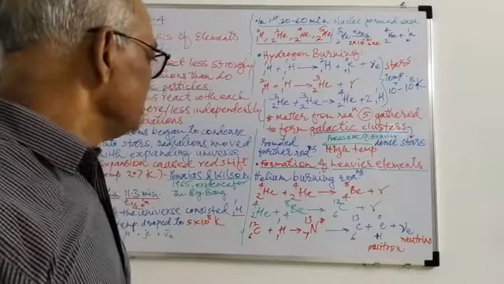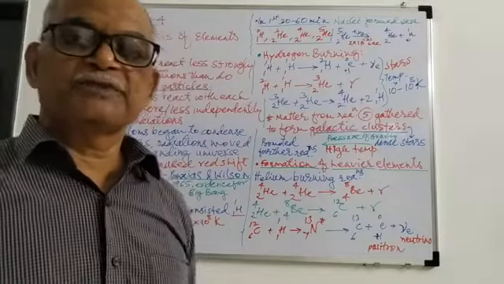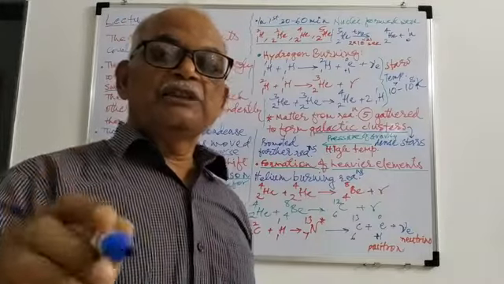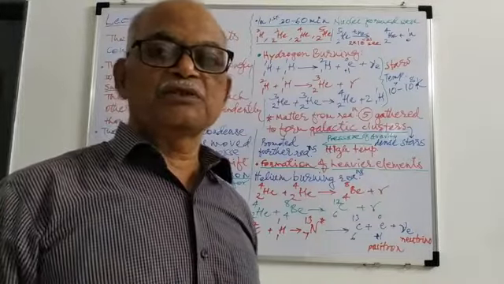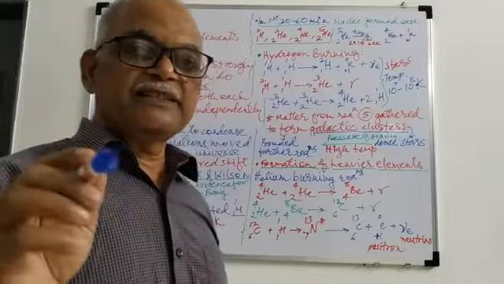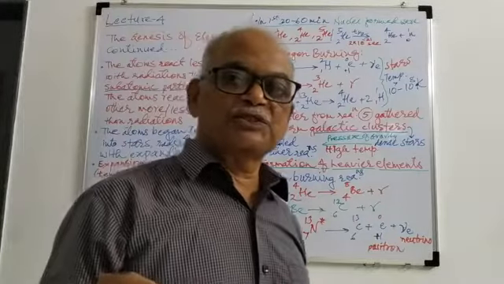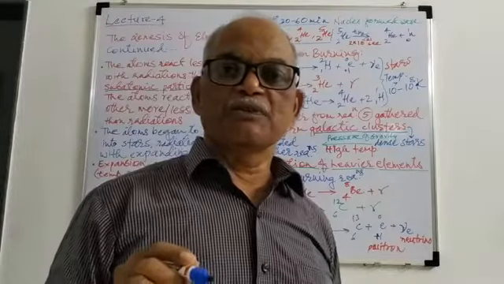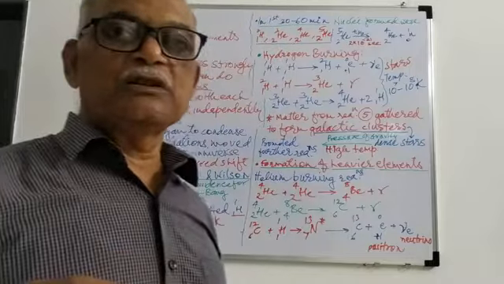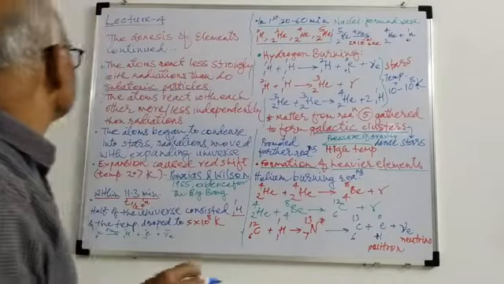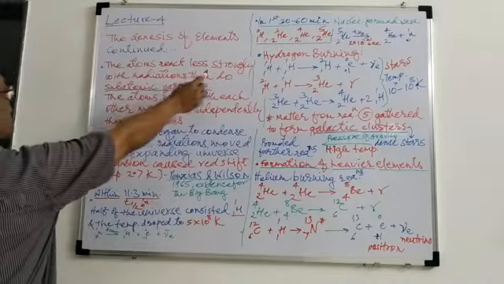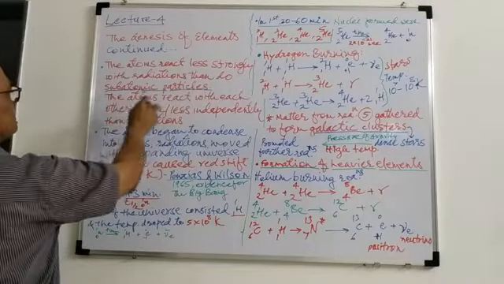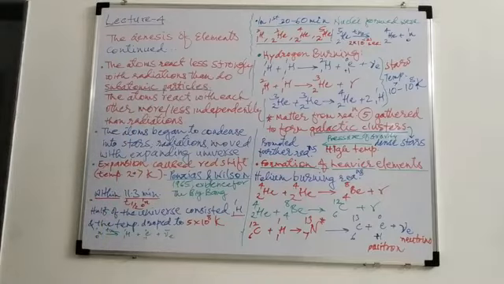These are the neutrons, protons, antineutrinos, neutrinos, mesons, etc. There are a number of such particles present inside the nucleus of an atom, which are called subatomic particles. So the atoms react less strongly with the radiations than do subatomic particles.